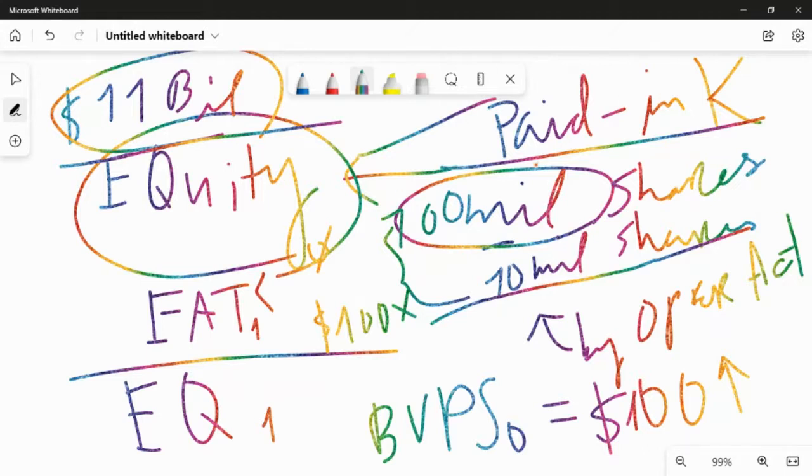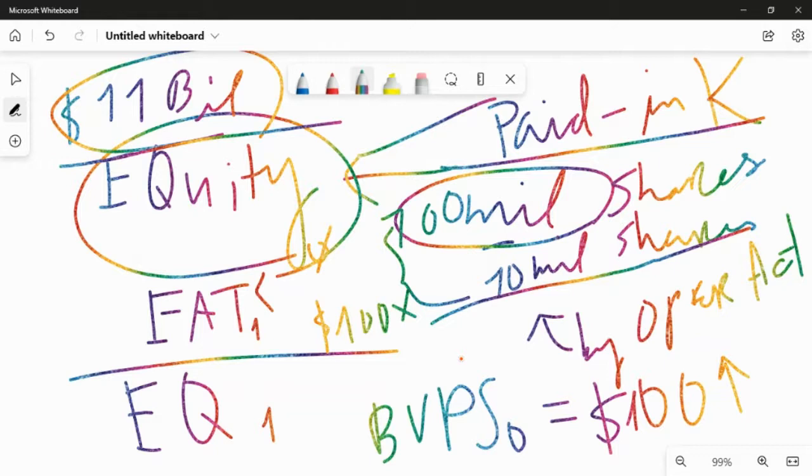But think about it. The company paid a dividend to the existing shareholders. The company paid a dividend in new shares. They distributed 10 million shares as a dividend to the stockholders.